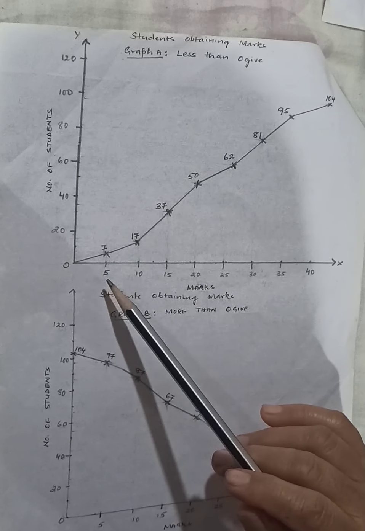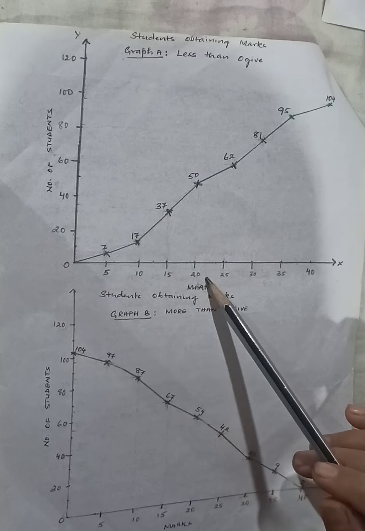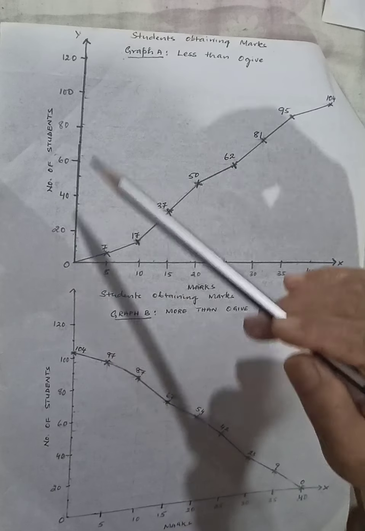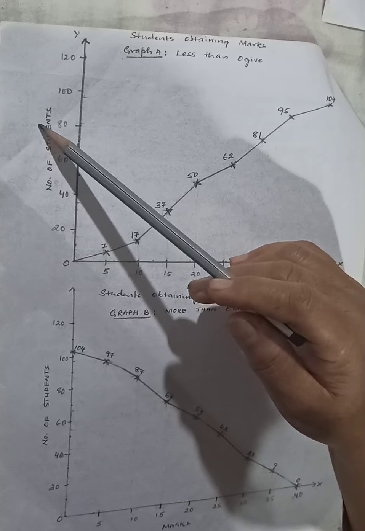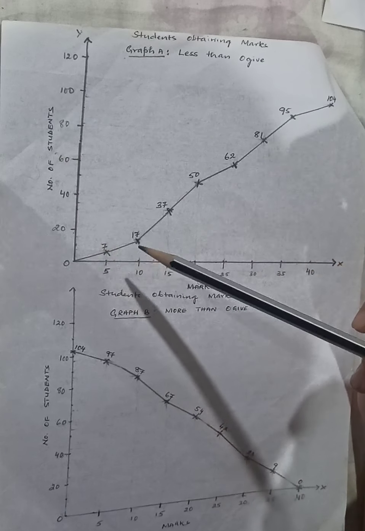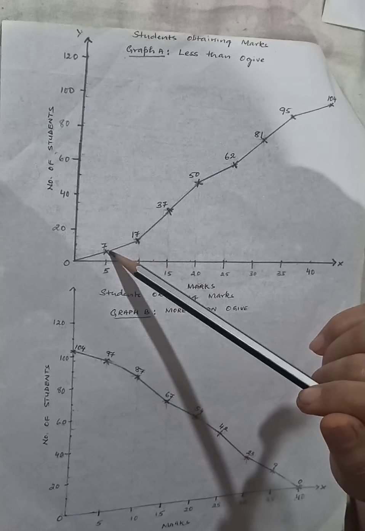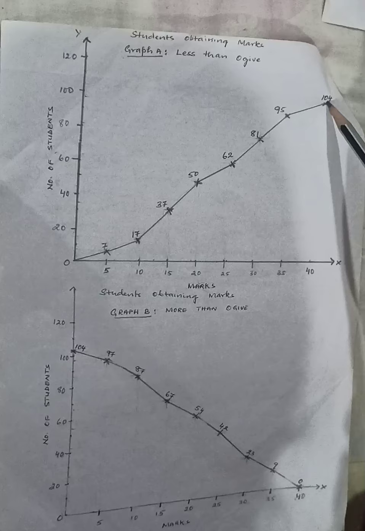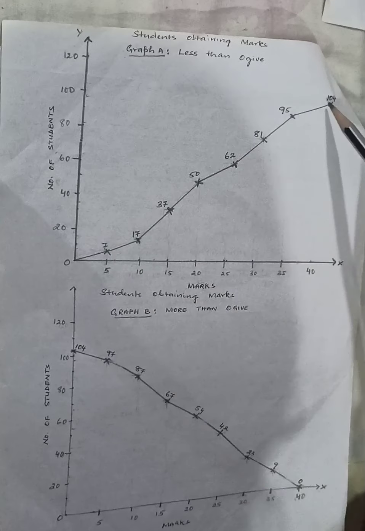Less than 5, less than 10, less than 15, we plot here on the OX axis. And OY axis is the number of students, which is the cumulative frequency of the first method. So here these are the frequencies. The smallest is 7 and the highest is 104.